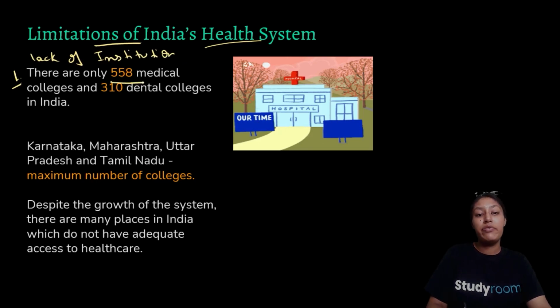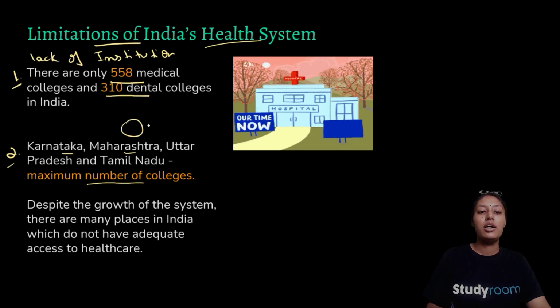There are only 558 medical colleges and 3110 dental colleges in India, which is very less compared to the population and the requirement. Second, Karnataka, Maharashtra, Uttar Pradesh and Tamil Nadu have the maximum number of colleges, which means regional disparities are there. One city has so many colleges, while there are cities which do not have any colleges. So regional disparities are also there.